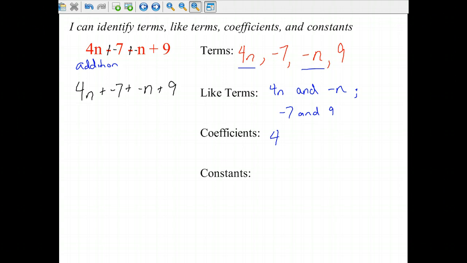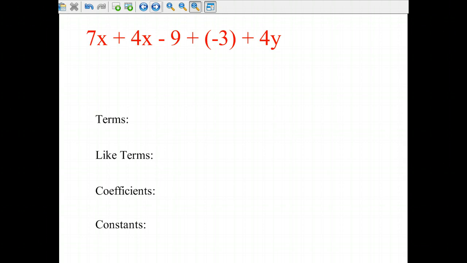And like we talked about a couple times before, if we don't have a number in front of a variable, it's actually a 1, in this case negative 1. So the coefficients are 4 and negative 1. And then we have constant terms, things without variables at all, negative 7 and 9.